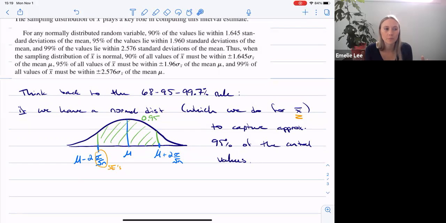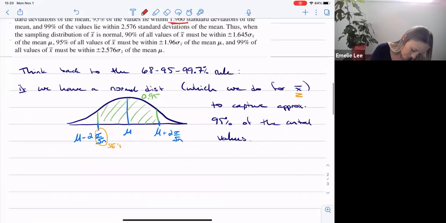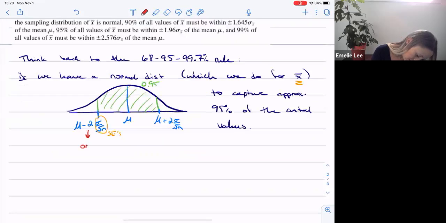Okay, and so what we found was that it's not actually 2, it should be 1.96, but I think we can all agree that 1.96 is really close to 2, right? And so if we're going to be doing calculations, we should use the more precise value, 1.960 for more precise values.